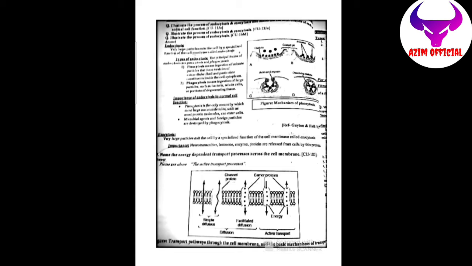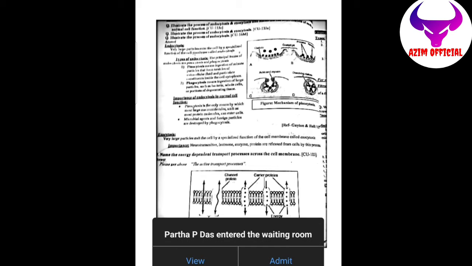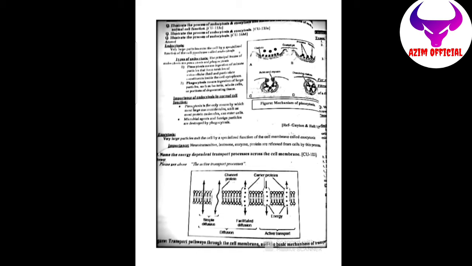This portion of membrane then invaginates to the interior of the cell until it is completely pinched off and a vesicle is formed containing the substance. Because pinocytosis requires energy, it is considered a form of active transport.